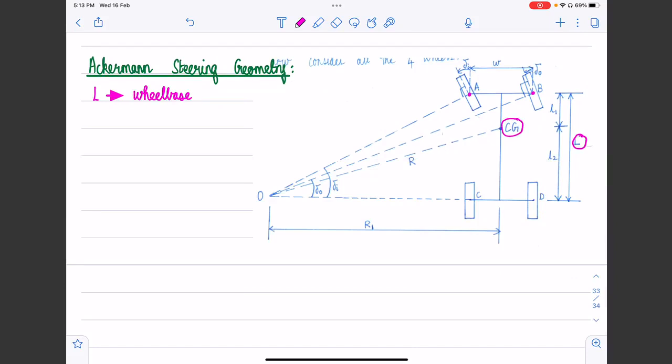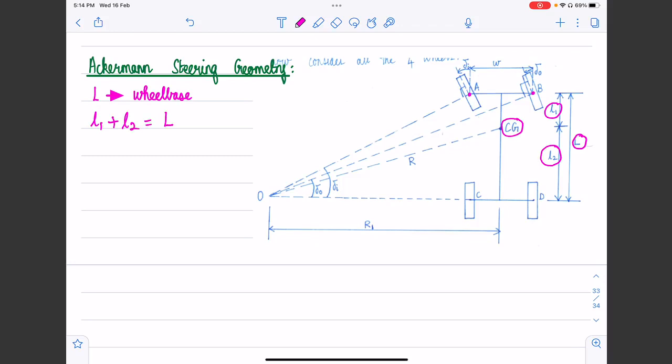We assume that the vehicle CG is at a distance of L1 from the front wheel center along the longitudinal axis of the vehicle, and at a distance of L2 from the rear wheel center along the longitudinal axis. Those are the two important parameters that characterize the longitudinal location of the center of gravity. Consequently, L1 plus L2 is equal to capital L.